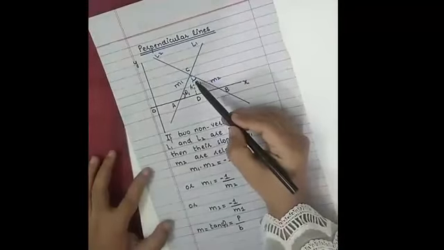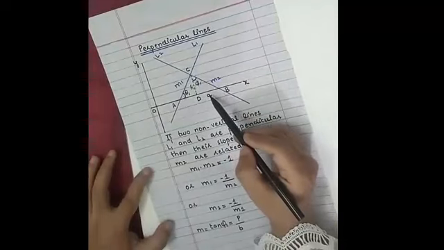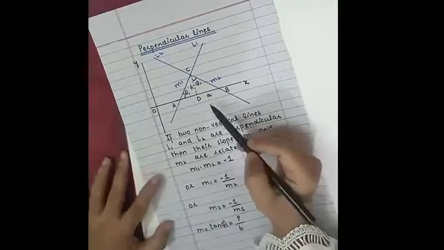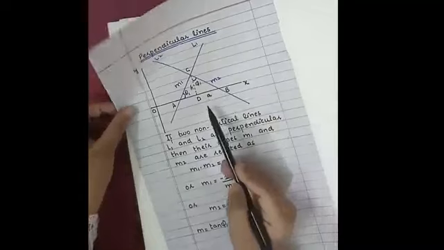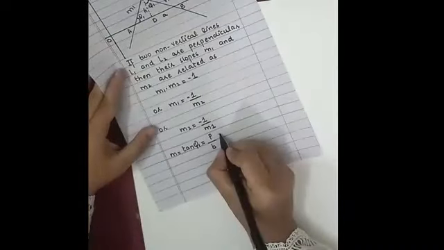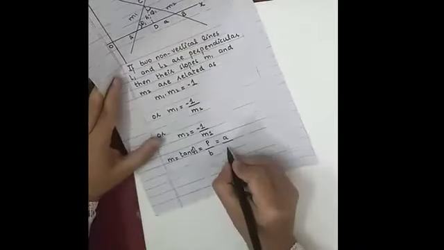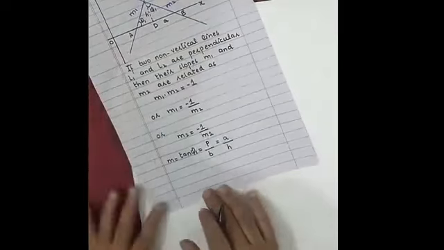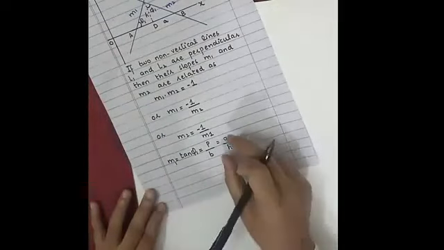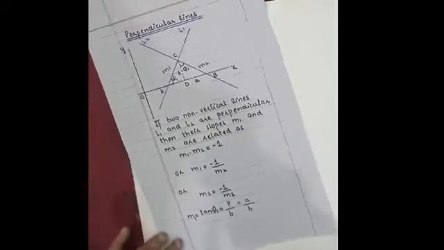Now this is angle theta, and the side opposite to the angle is the perpendicular. So perpendicular in this case is A, and base in this case is H. So this is M1, which is equal to A over H.